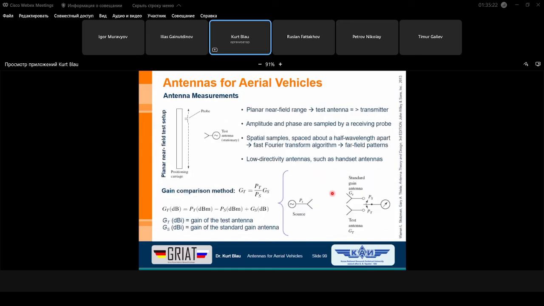And let's go to a little bit simpler antenna measurement system. This system is shown here in this primitive sketch. It's a so-called planar near-field test setup. What does it mean? This test setup is only, let's say, a cross-section.